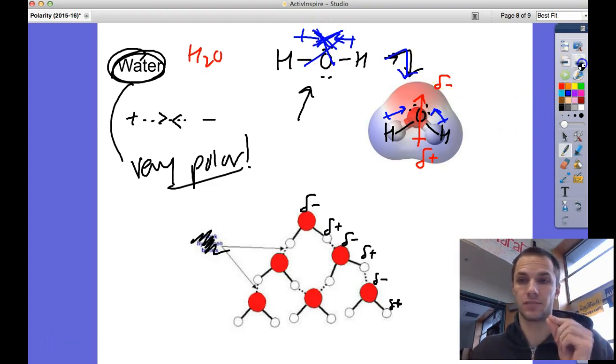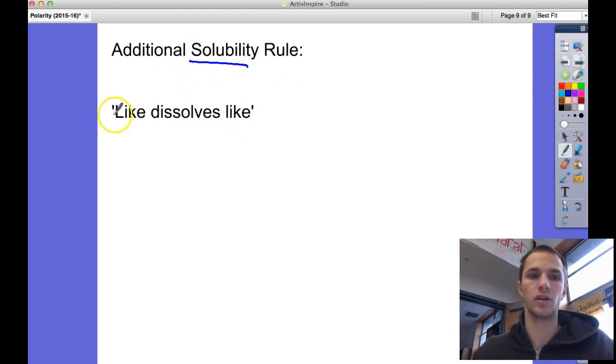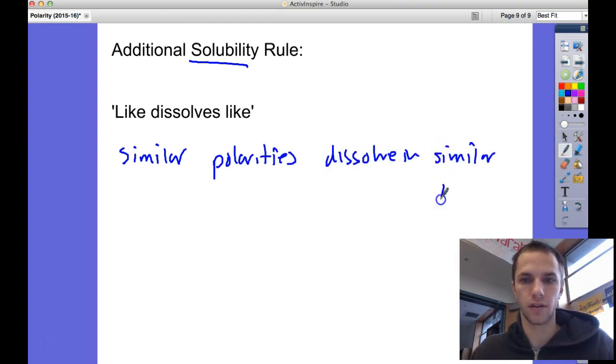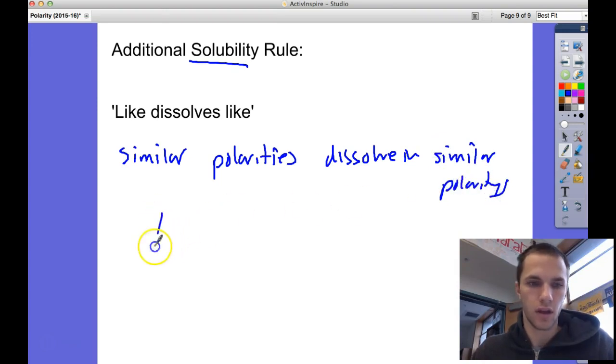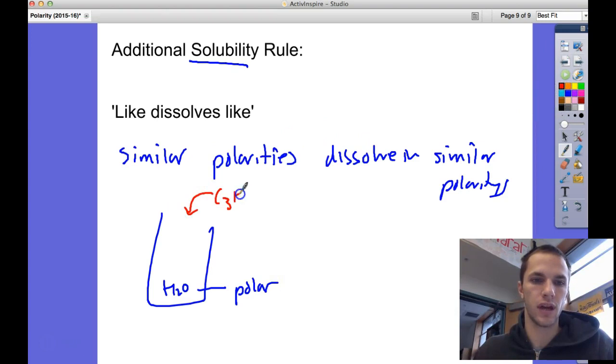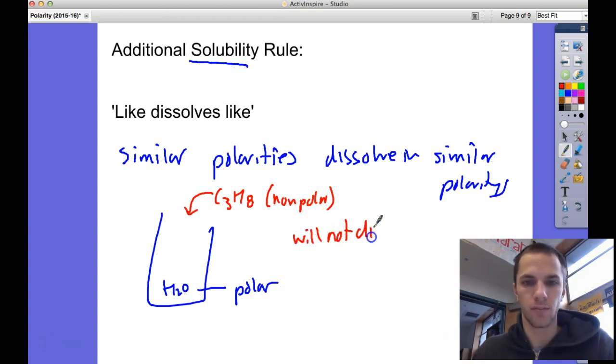The very last thing is a little rule of solubility that says like dissolves like. What this really means is similar polarities dissolve in similar polarities. So for example, if in a beaker you had H2O, which we said is a polar substance, and you dropped in C3H8, which we said before was nonpolar, these will not dissolve because they do not have similar polarities.